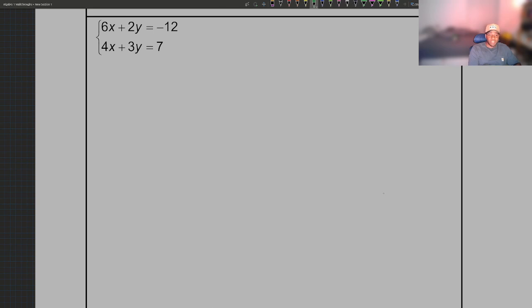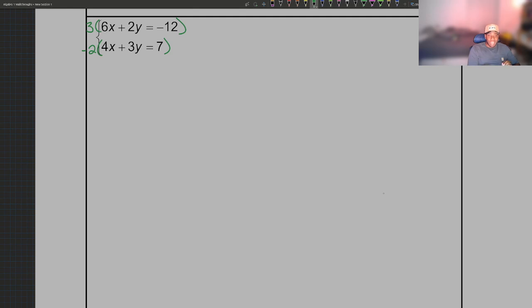So we're going to take the top equation in our system, and we're going to multiply it by whatever we need to make this 2y become a 6y. That is going to be 3. All right? We're going to take this second equation, and multiply it all by whatever it would take to make this 3y a negative 6y. And that's going to be negative 2.